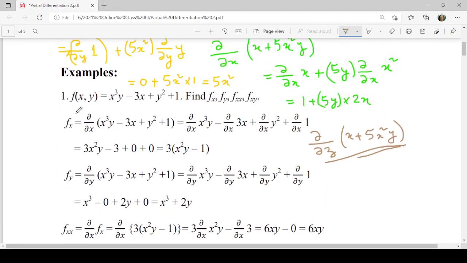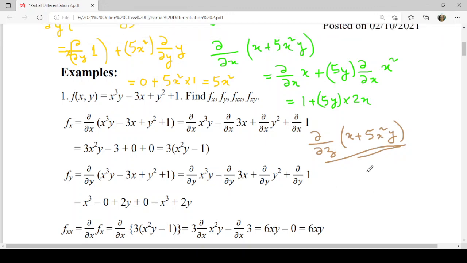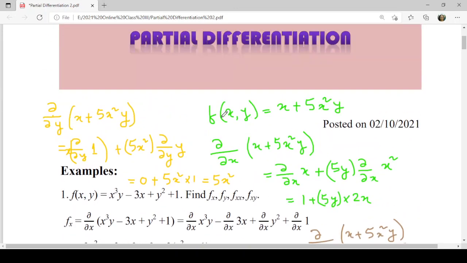And for the first problem, f of x, y is equal to x cube y minus thrice x plus y square plus 1. Del del x, we denote it as f x, which is del x of the function f of x, y.